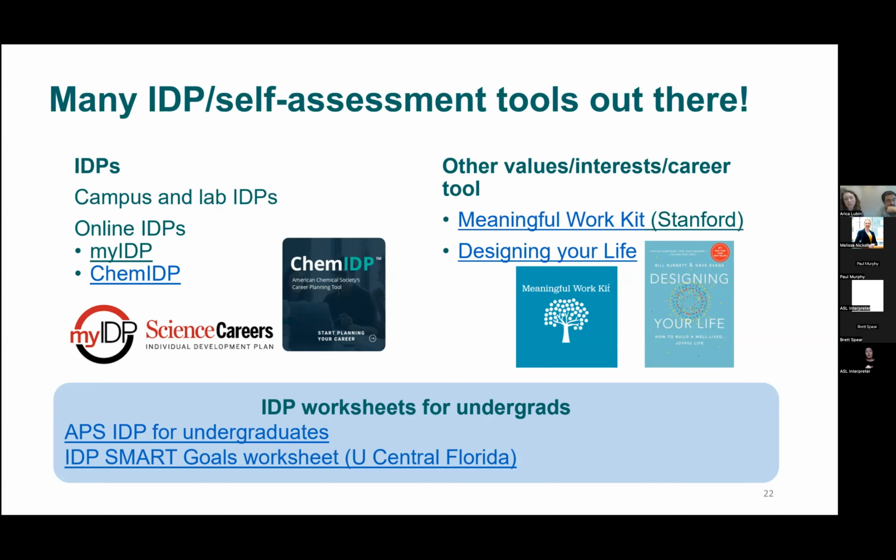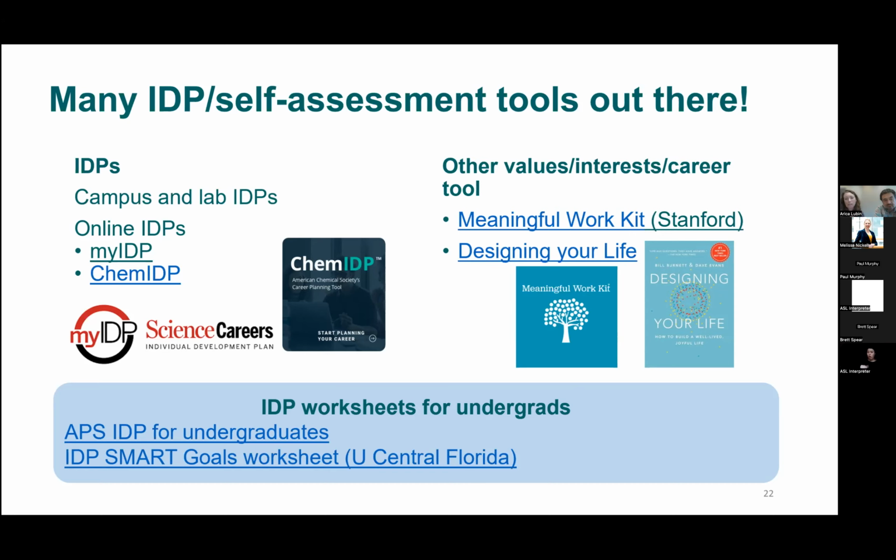And so together, that's a nice tool to use with undergraduates, and we use it with a lot of our summer research students. And the online versions, MyIDP and ChemIDP, are particularly useful for graduate and postdoc level exploration because they're a bit more detailed.